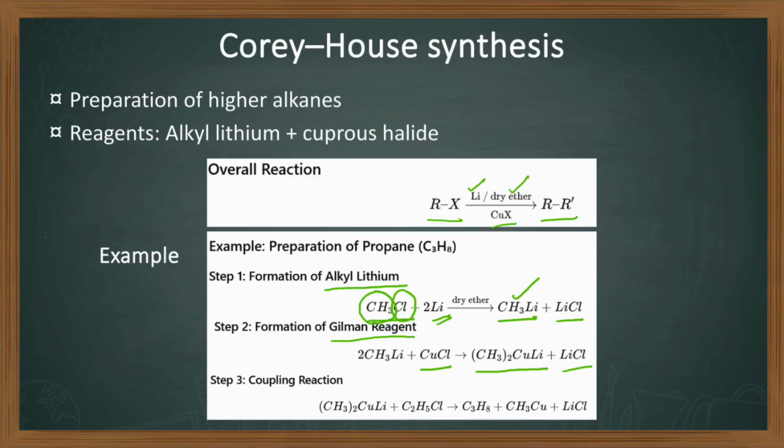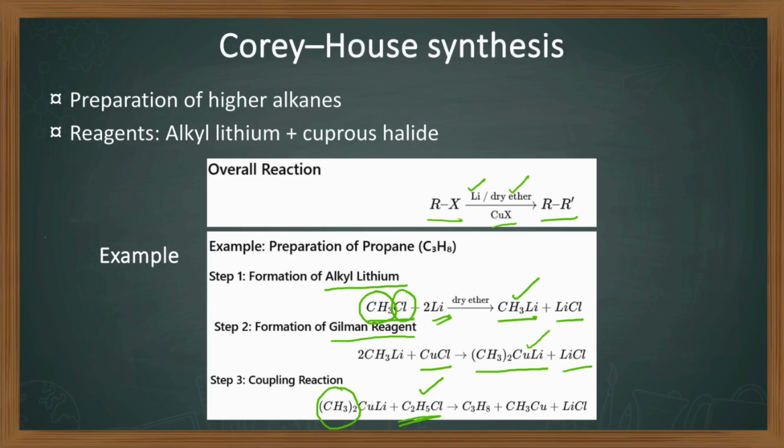In the third step, the real coupling happens. Based on the requirement I have for my alkane, I have to choose a particular alkyl halide. Along with the Gilman reagent formed in the second step, I add an alkyl halide. If I take methyl chloride, I will get ethane here.